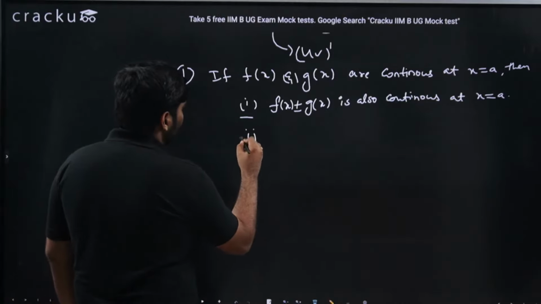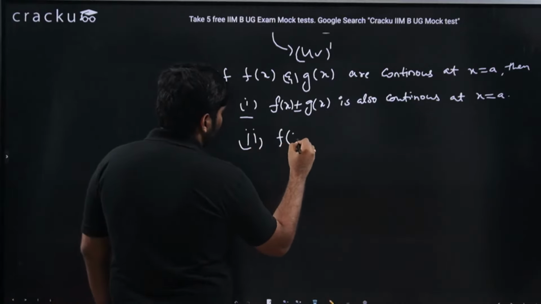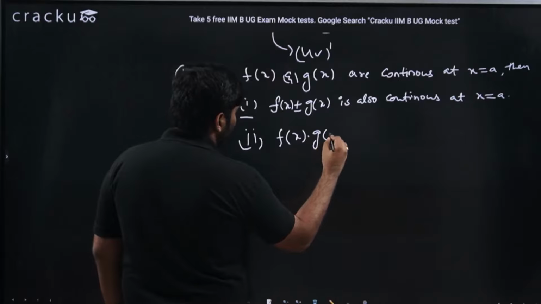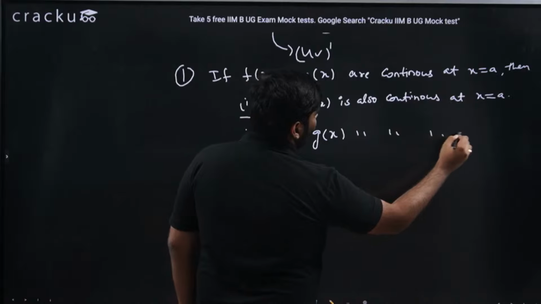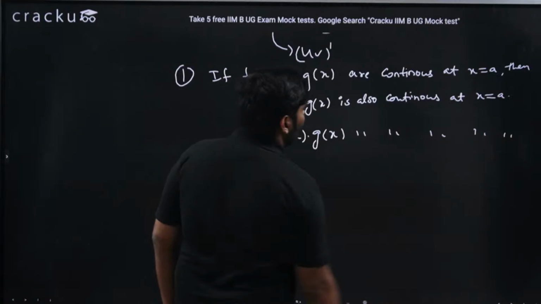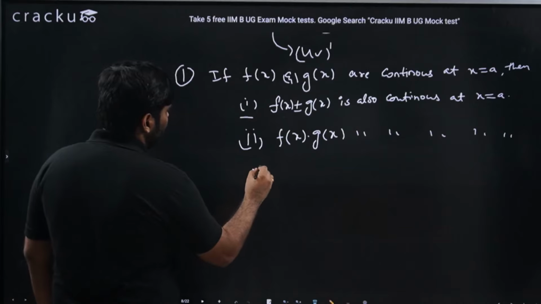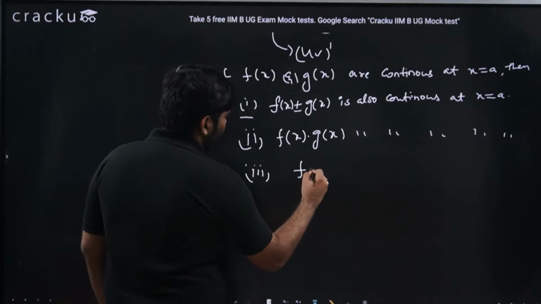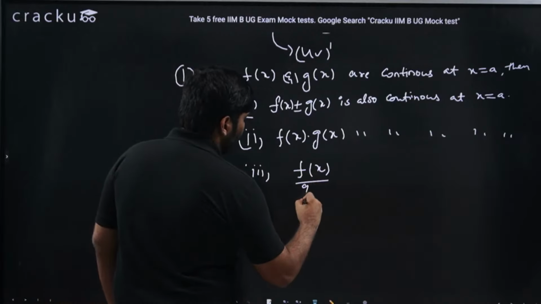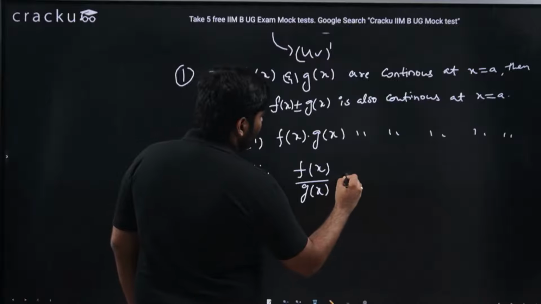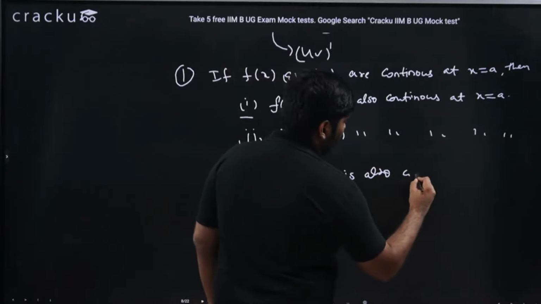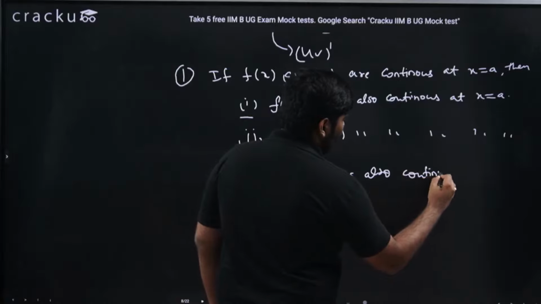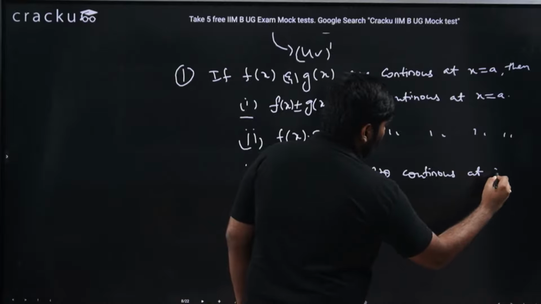Second, we can similarly talk about the product: f of x into g of x is also continuous at x equal to a. And the third thing is the division rule, which says f of x by g of x is also continuous at x equal to a.